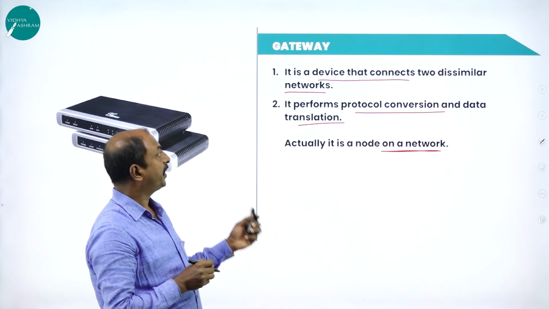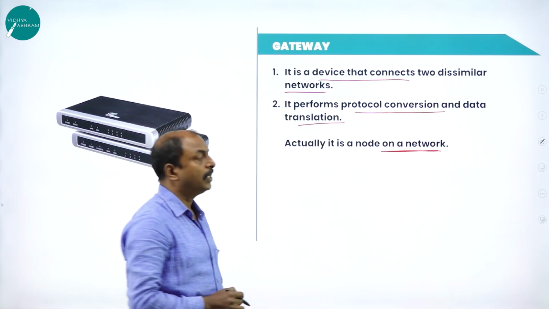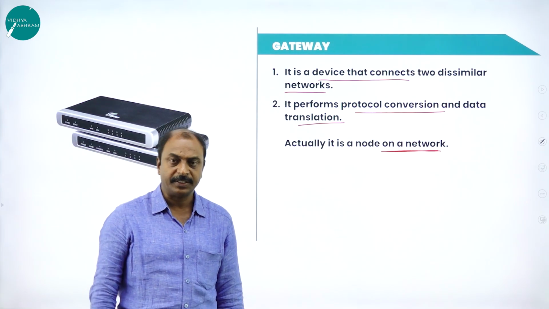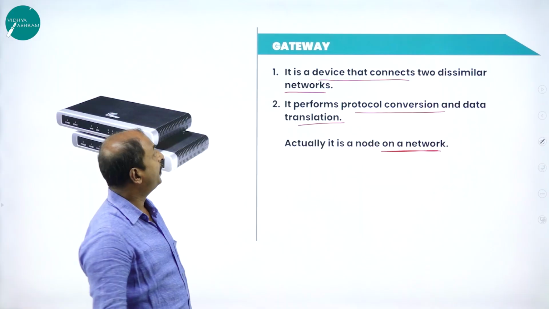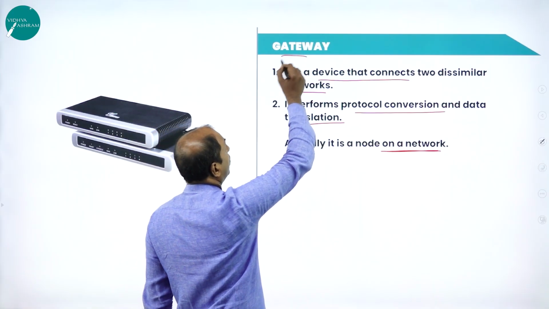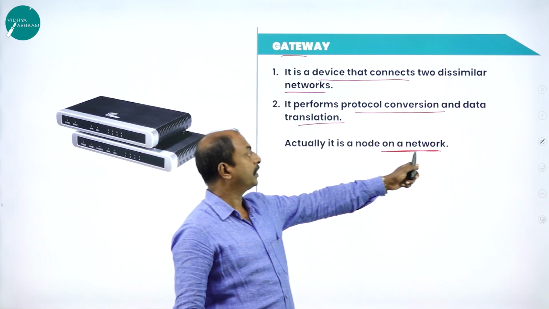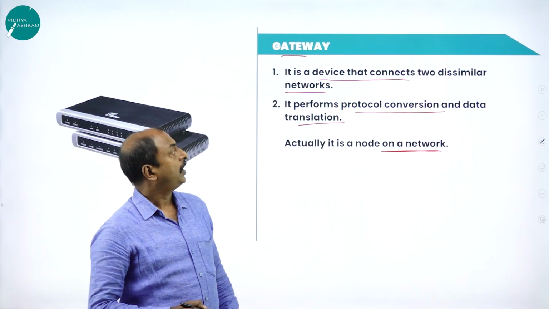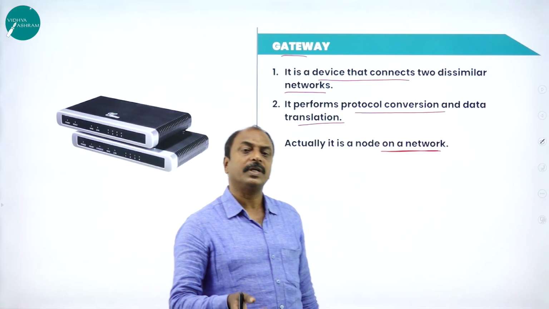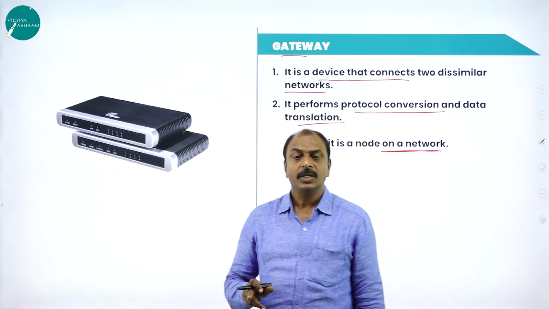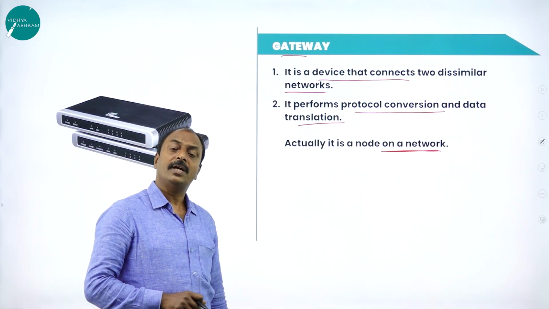And what is the function of a gateway? It connects two dissimilar networks. Suppose in any organization or company, every network will have its own gateway. What is the gateway? It is one of the nodes on a network. Any communication within the network or within one organization or company will be communicated very fast without any problem.